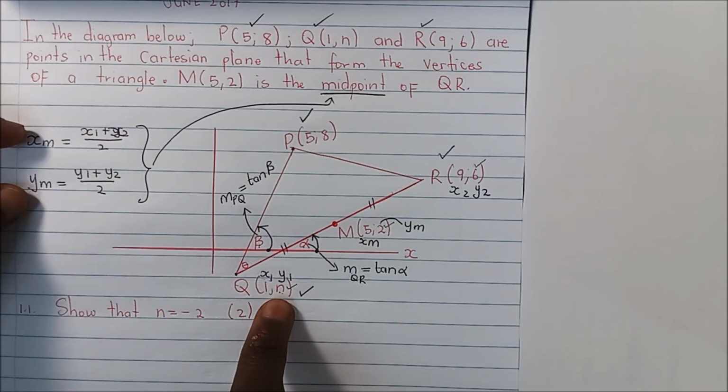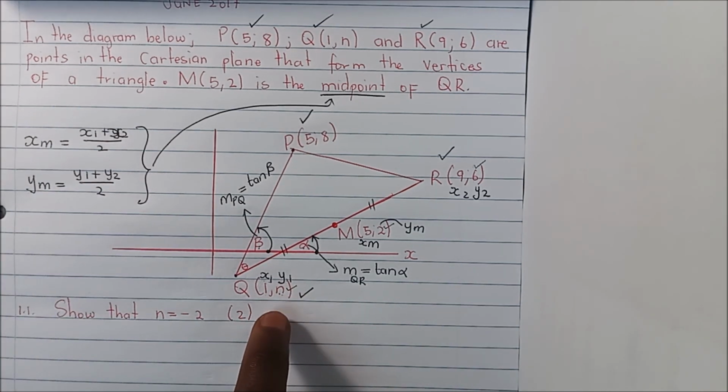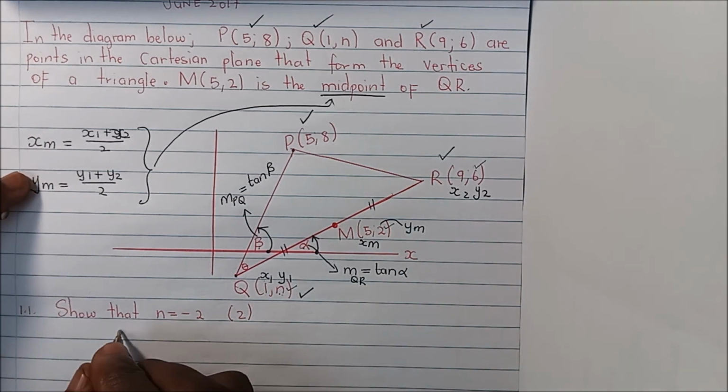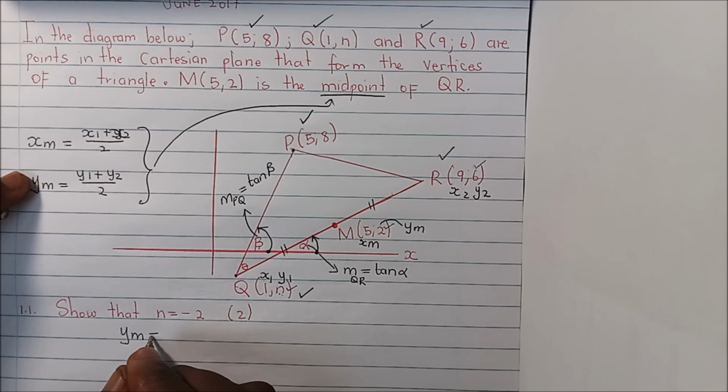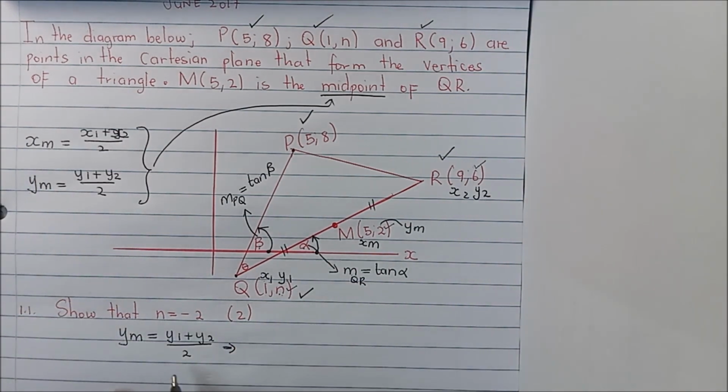So now let's set up our formula, but look at the coordinate, where m is a y coordinate. So that means we have to use this one: ym equals y1 plus y2 all over 2. So what is our ym?